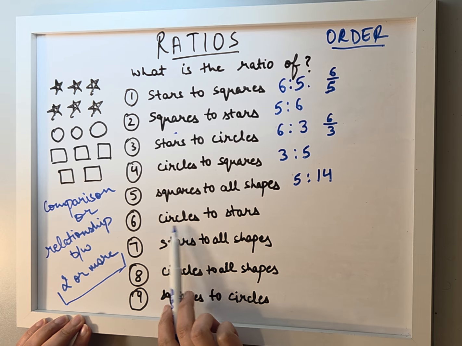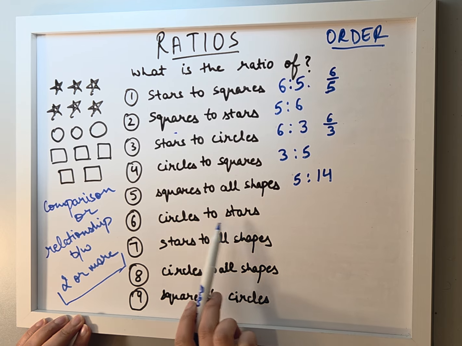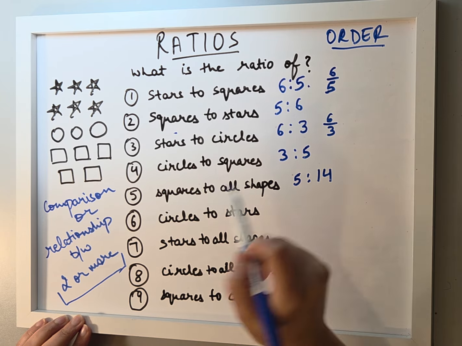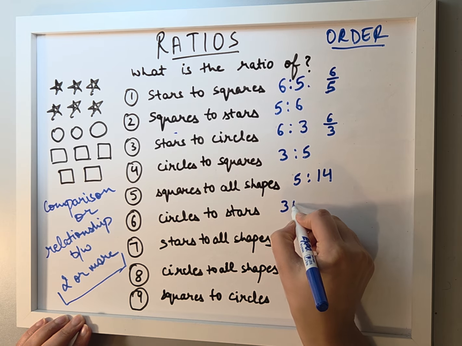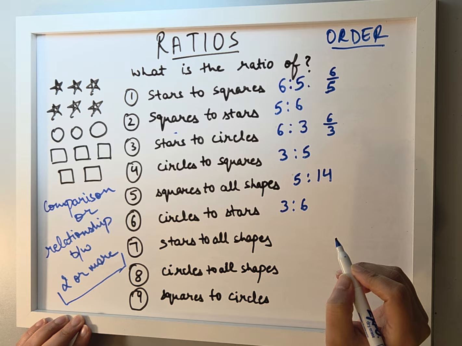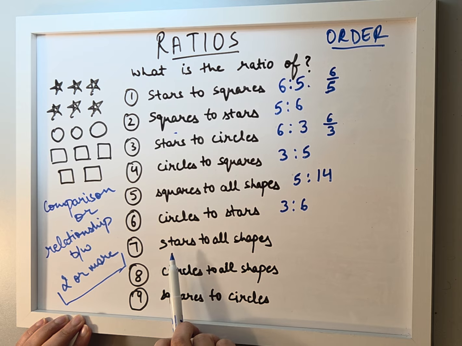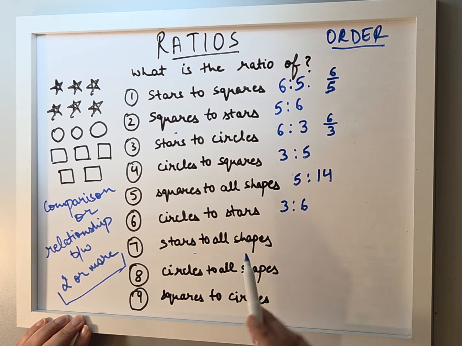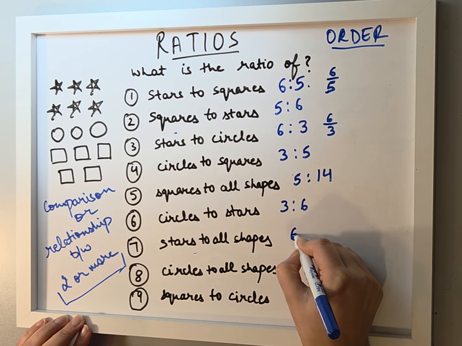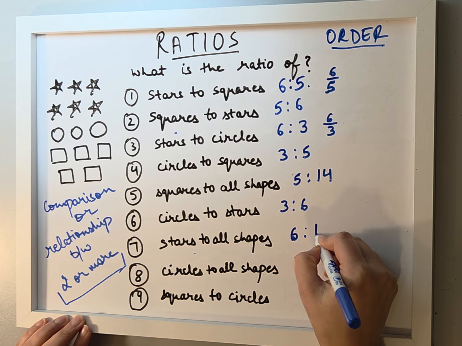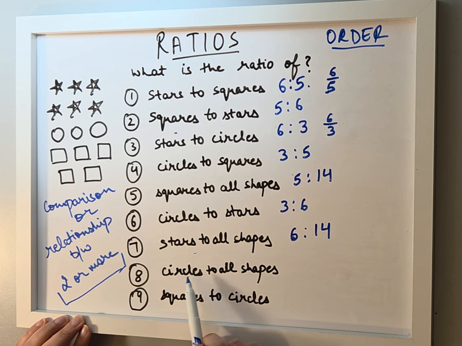And now, what is the ratio of circles to stars? Circles are 3 and stars are 6. What is the ratio of stars to all shapes? Stars are 6 and all the shapes we counted are 14. Then circles to all shapes.